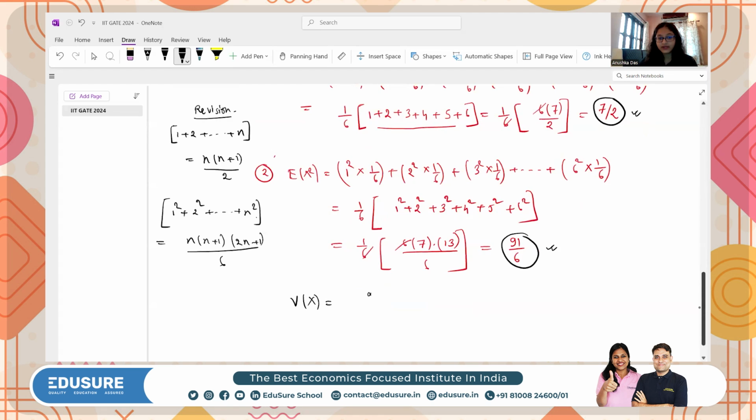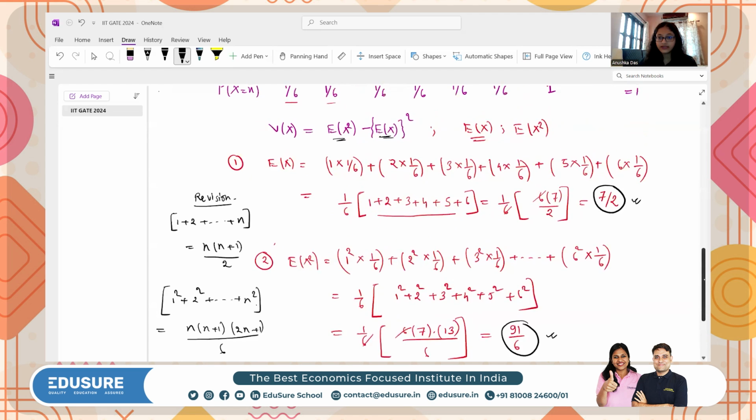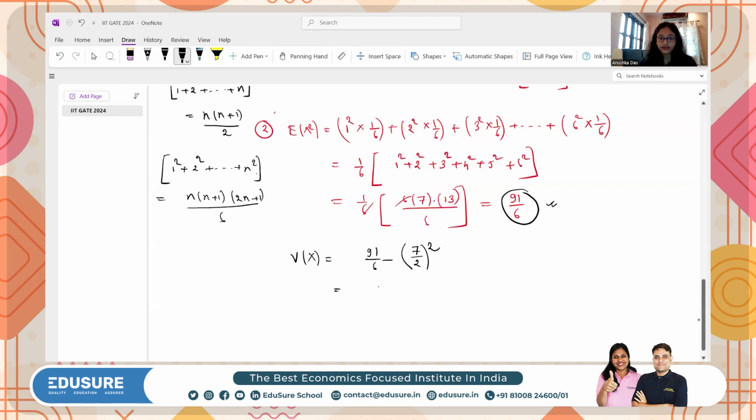Variance is expectation of x square minus expectation x whole square. Right? This was 7 by 2, yes. 91 upon 6 minus 49 upon 4. No, it will be 12.